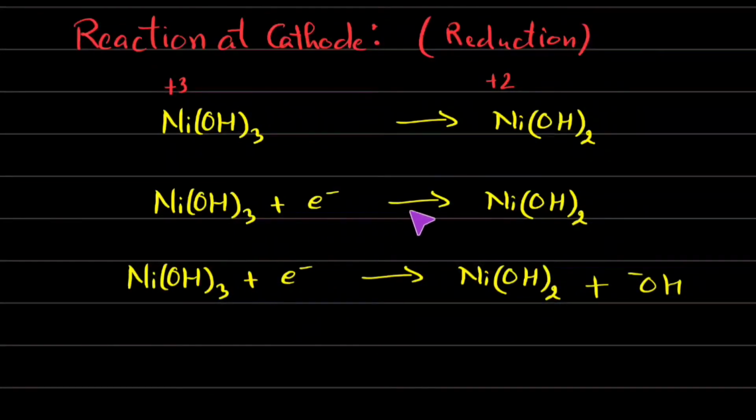Now we have to balance the charge. On the reactant side we have 1 negative charge. So I have to balance this charge by OH negative ions, beta. So on the product side I have written 1 hydroxyl ion. So now the charge is balanced.